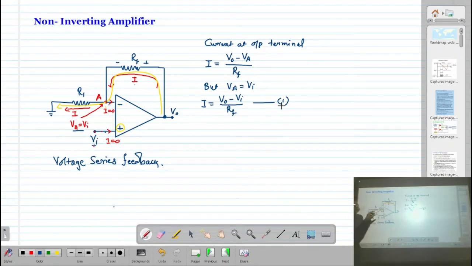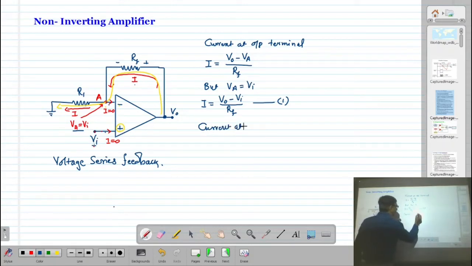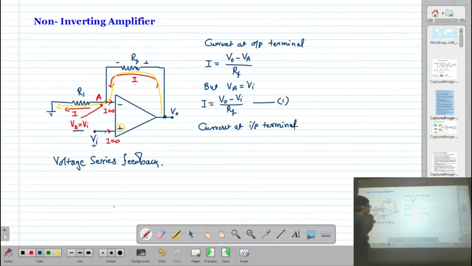Now, we write the current at the input terminal. At the input terminal we have resistance R1 and the current is flowing in this direction, so this is positive and this one is negative. The same current is flowing.